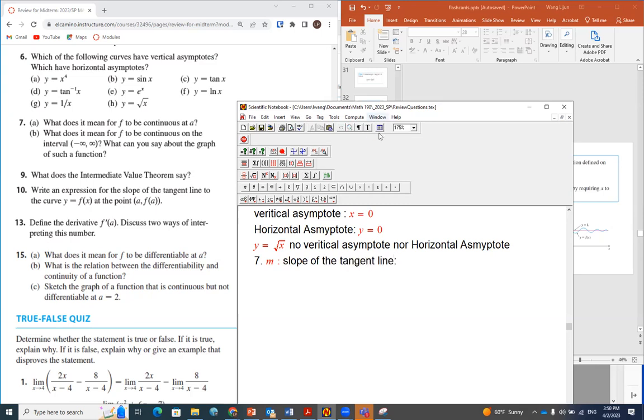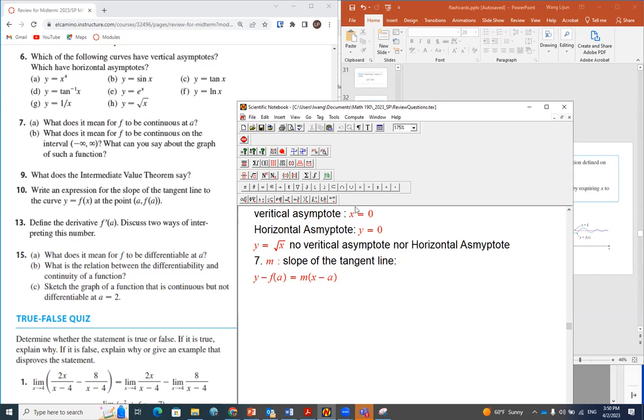Okay, and the line equation will be y minus f of a, because we're given a point, equals m times x minus a.